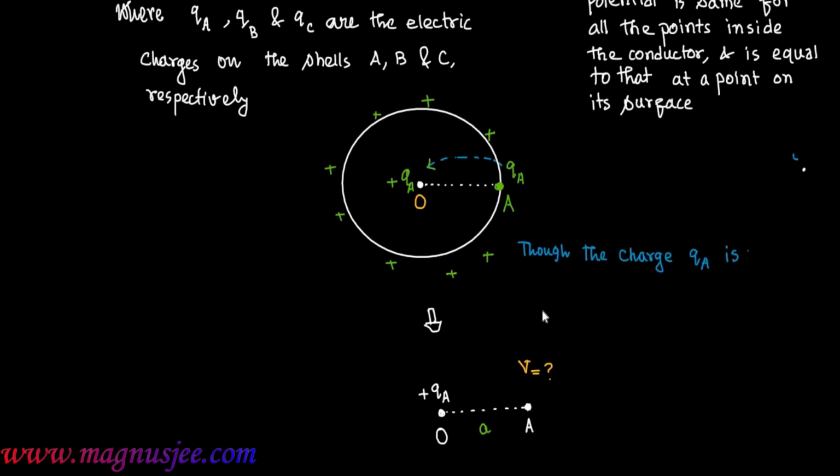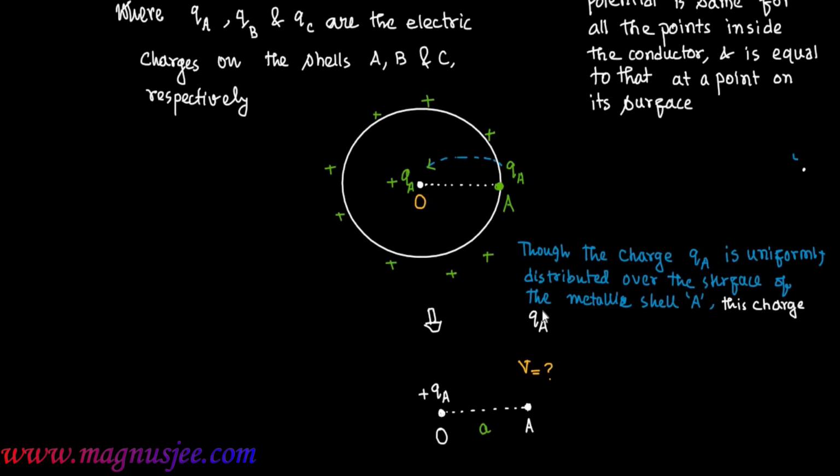Though the charge QA is uniformly distributed over the surface of the metallic shell A, this charge appears to be concentrated at the center O of the shell.